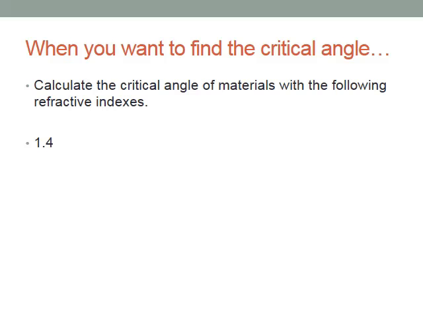If you want to calculate the critical angle of a material from its refractive index, say 1.4, the formula is refractive index equals 1 divided by sine c. You'd have to do some rearranging. So you move the sine c up, so 1.4 times sine c equals 1.